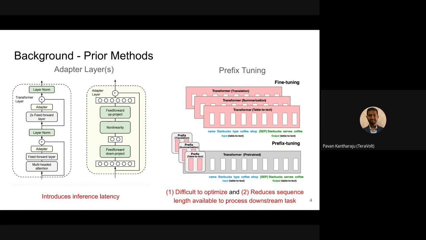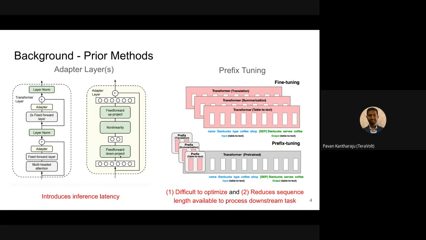And again, for prefix tuning, the idea here is that you're constructing word embedding models for special tokens, and then those can be used alongside a pre-trained model to condition inputs for a task.